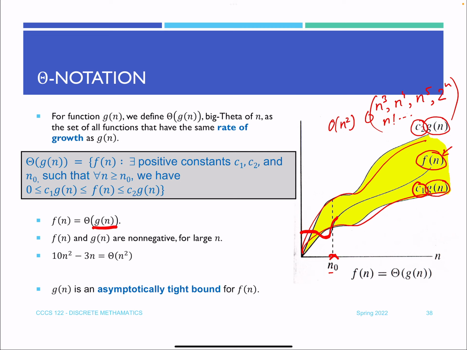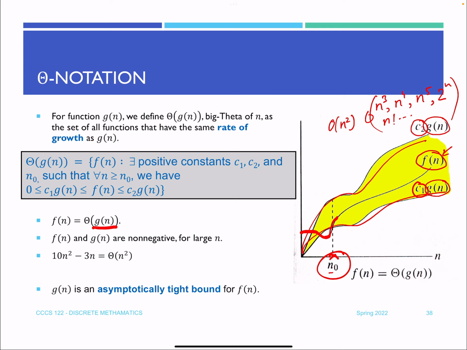Now what happens when you specify a function as a big theta function? You're specifying not just an upper bound, but an upper and a lower bound. So it's more precise, more accurate, still a true statement, but it gives you a narrower bound of the range of values within which function f exists after a certain point n0.